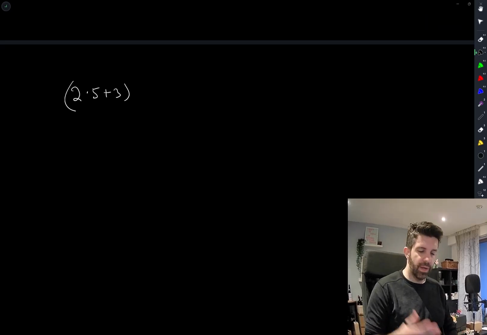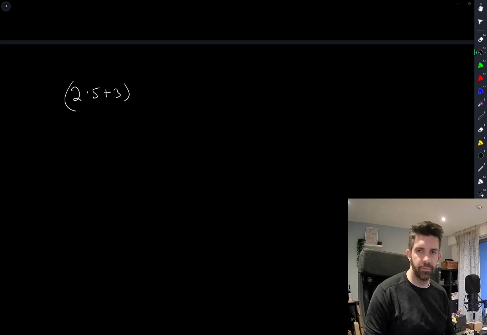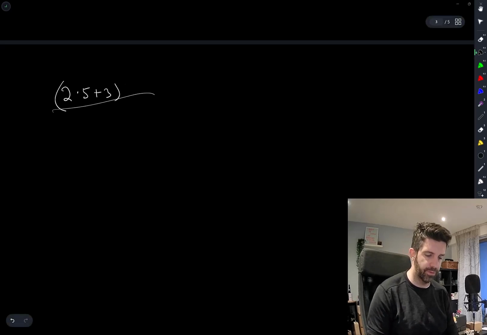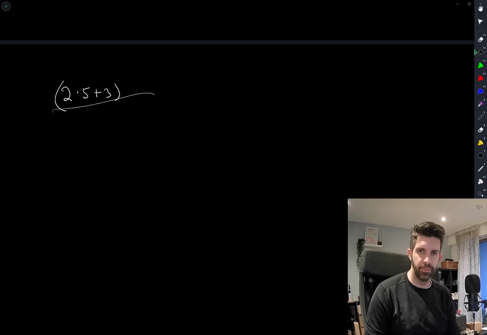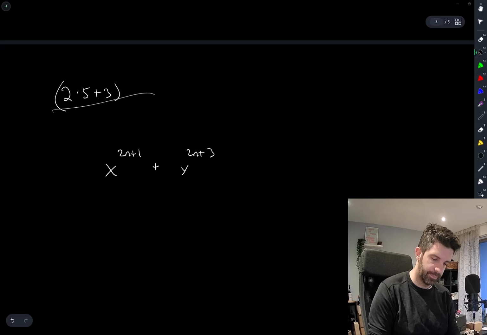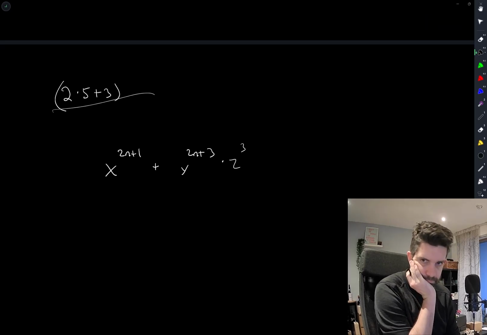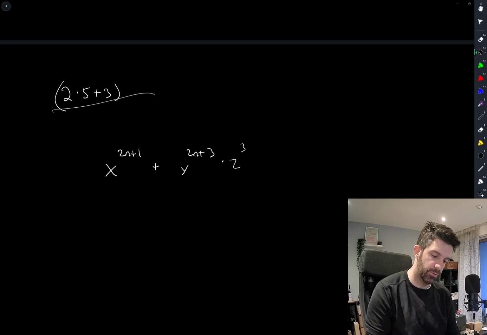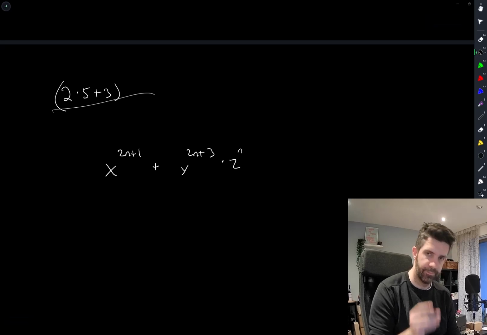There's going to be a way of factoring these two things. Maybe you look at a more general expression like x to the 2n plus 1 plus y to 2n plus 3 times z to the n, sorry.